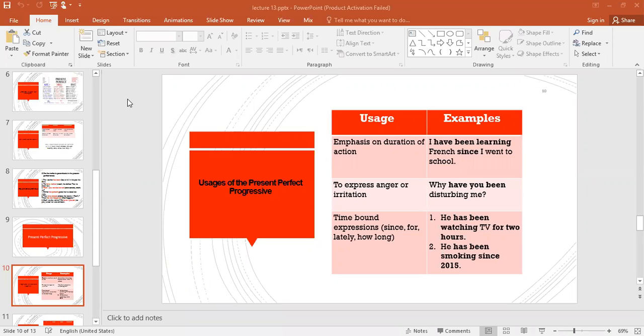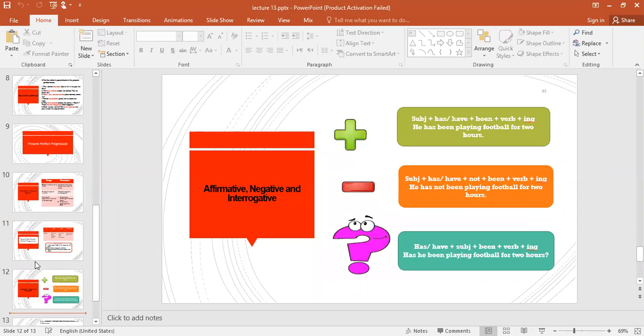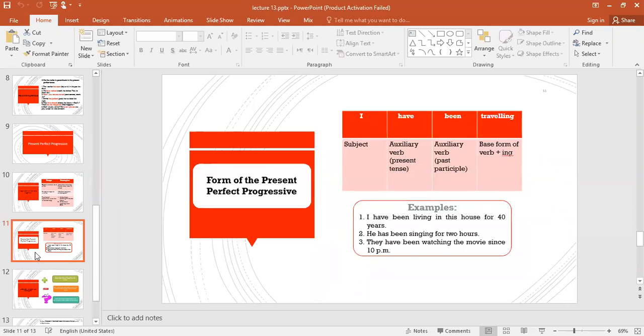Okay, let's continue now. Let's see what's next. What's next is the form. Who can read what is the form of the present perfect progressive tense? I want others to share, please. Miss, can I read it?